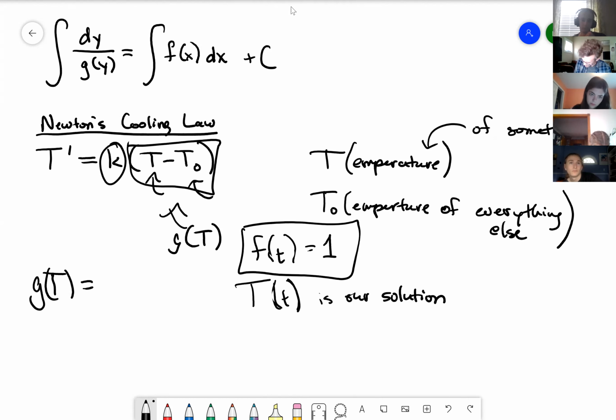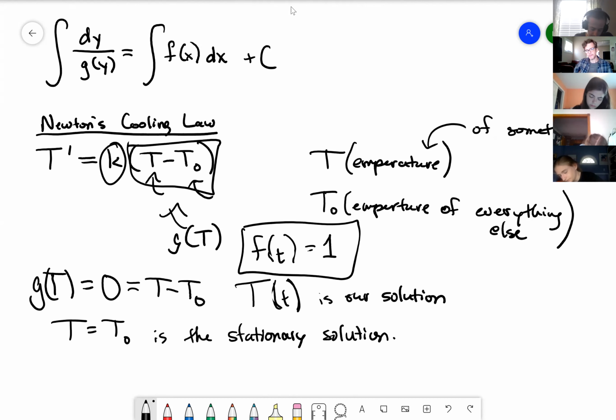So this right here, T is equal to T0, is the stationary solution. Well, this is an obvious one. This is when the thing that you're drinking is already exactly at room temperature, and so the temperature doesn't change.